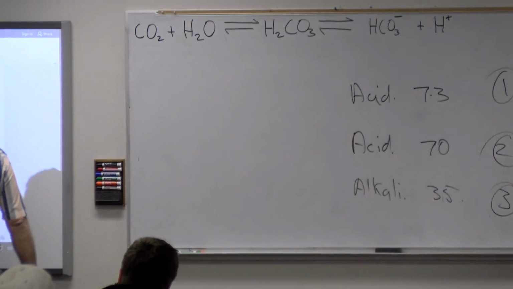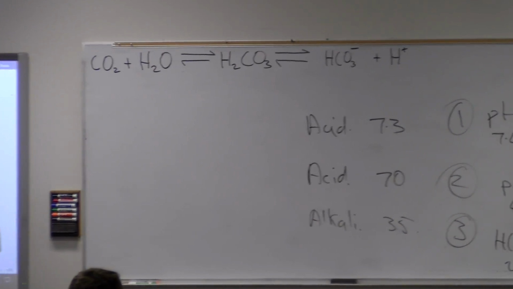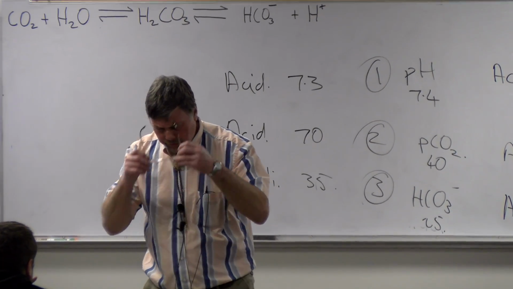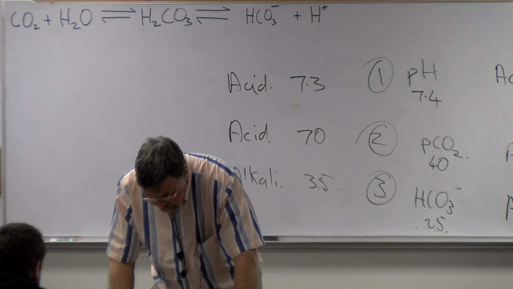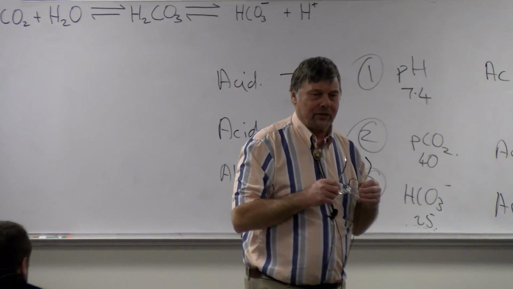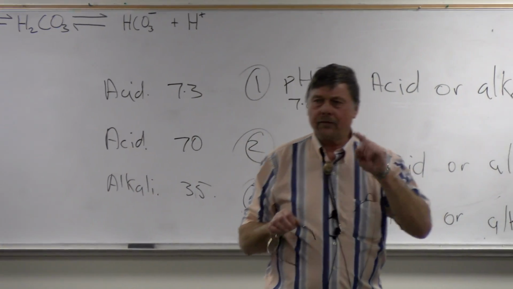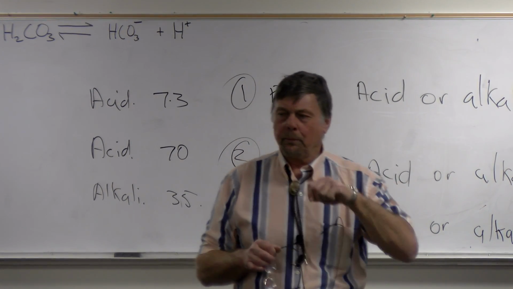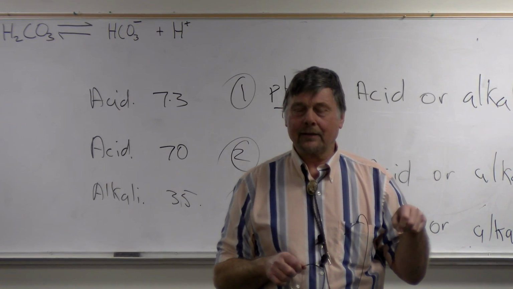So on the next page, I've got a highlighted table, and I'll just go through the first one. Just to make things easy, whatever the primary defect is, for the compensation, the bicarbonate goes in exactly the same direction.